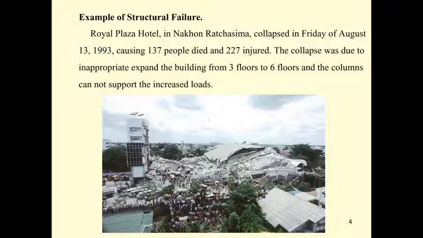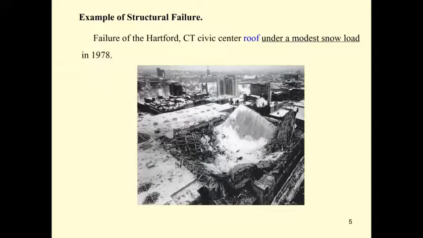Not only did this happen in Thailand, it also happened in America. This is the picture of the failure of the Hartford Civic Center in Connecticut. This civic center roof collapsed due to the snow load, that is the white thing over here. It was too much and everything collapsed.